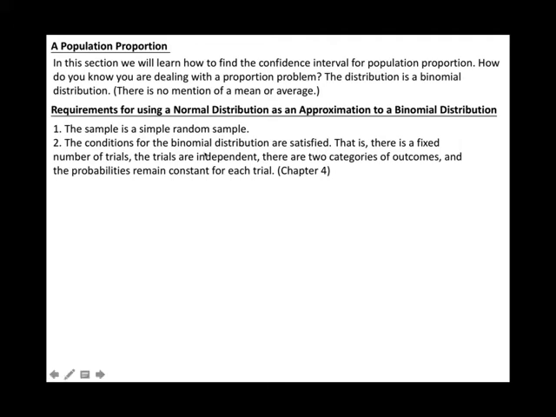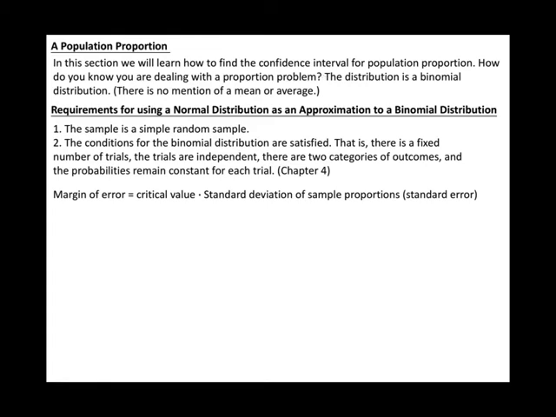And the conditions for the binomial distribution are satisfied: we have a fixed number of trials, the trials are independent, there are two categories of outcomes, and the probabilities remain constant for each trial. We have these four requirements for the binomial distribution, and they also apply to the population proportion when you construct the confidence interval.